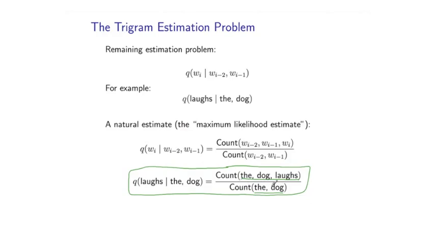And that's a very intuitive and a very natural estimate. Many people would have come up with this as a first guess for how to estimate the parameters of this model. So maximum likelihood estimators will be very useful. They will form the starting point of the estimation methods we will develop.